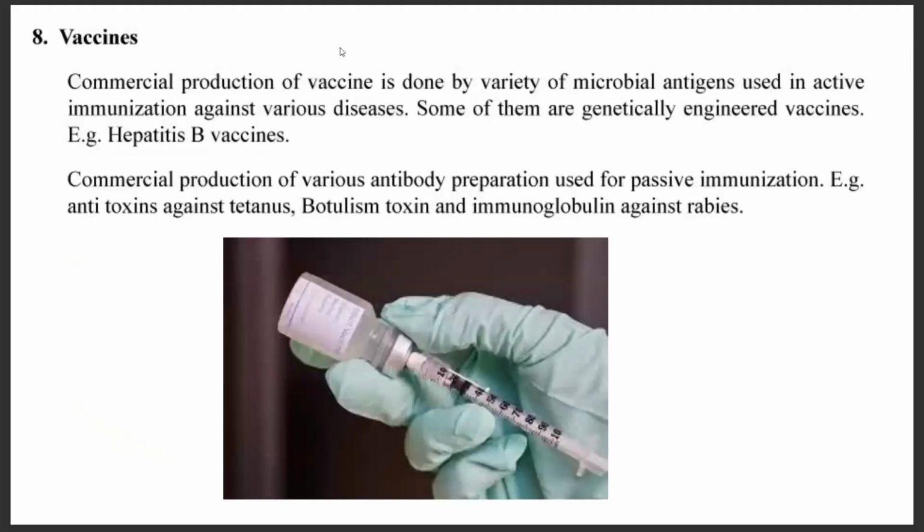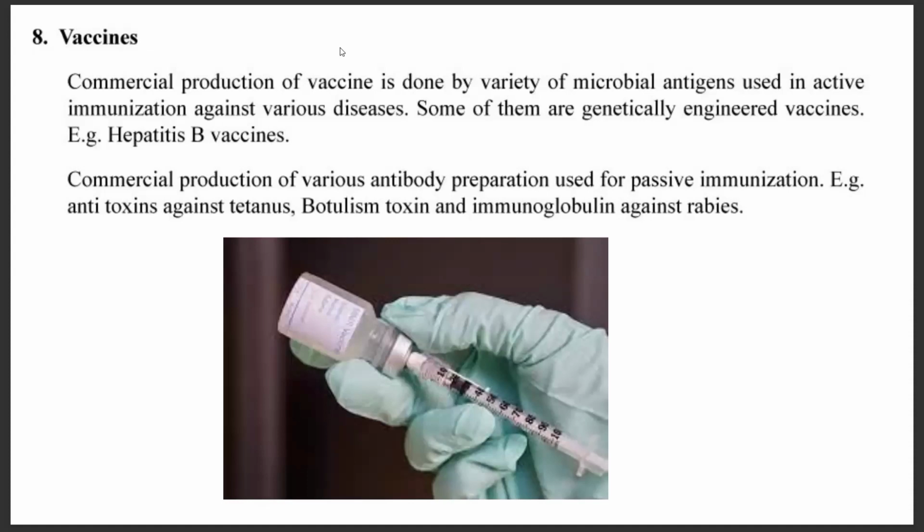Vaccines. Right? Subunit vaccines, genetically modified. Commercial production of vaccine is done by variety of microbial antigens used in active immunization against various diseases. Some of them are genetically engineered vaccine. Hepatitis B vaccine.